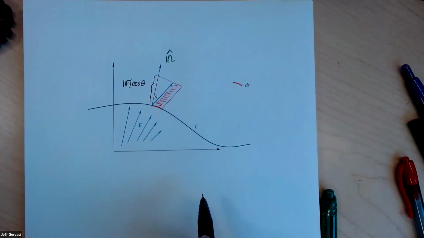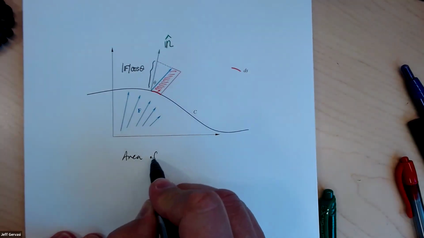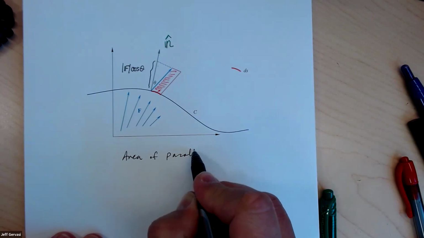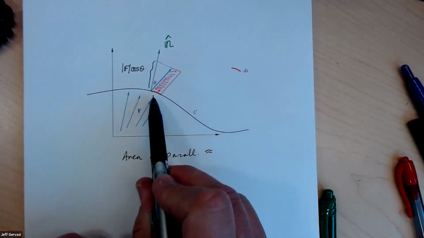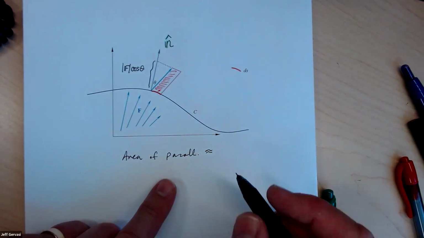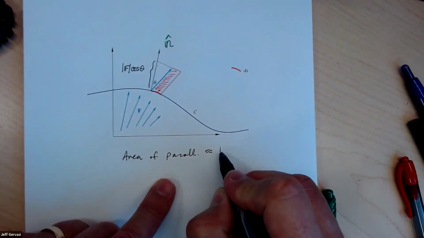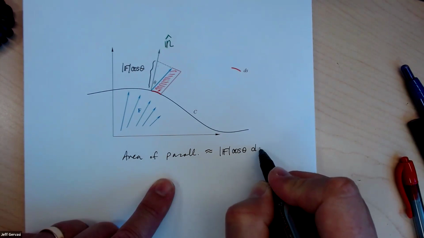And so therefore the area of the parallelogram is approximately equal to, well, it's not a perfect parallelogram because of the bottom there, but it's thin enough. It's a differential element. It's practically a parallelogram. It's going to be the height times the base.